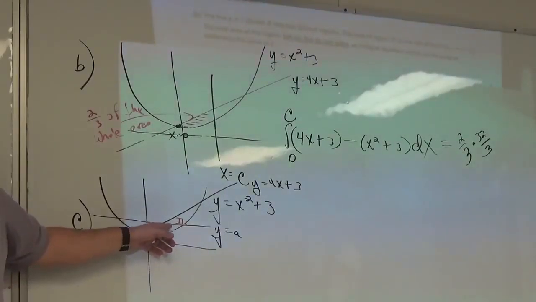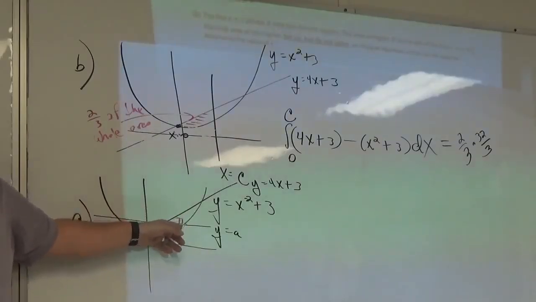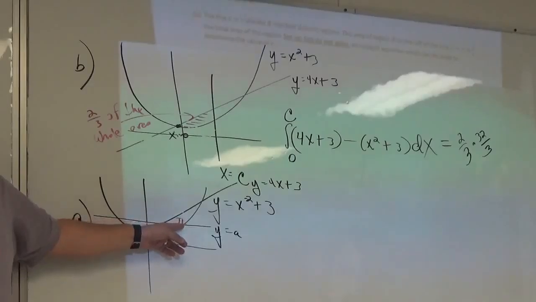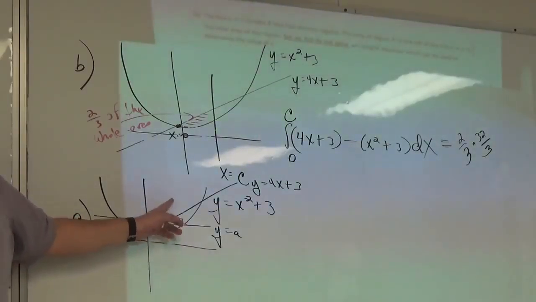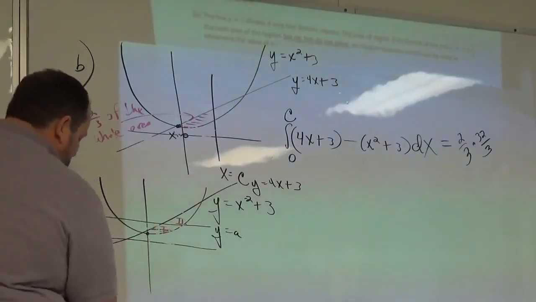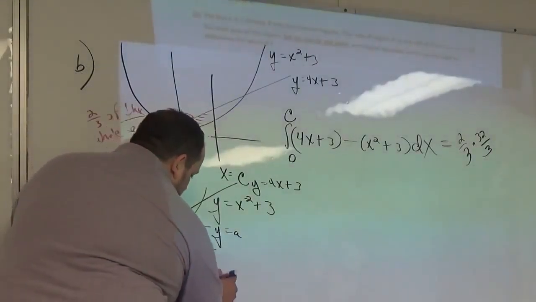But a slice over here? Y equals a is what's on top, and y equals x squared plus 3 is on the bottom. A slice over here, what's on top? 4x plus 3, and what's on the bottom is y equals a. It gets really confusing in this world of which one's on top and which one's on the bottom. They keep switching.